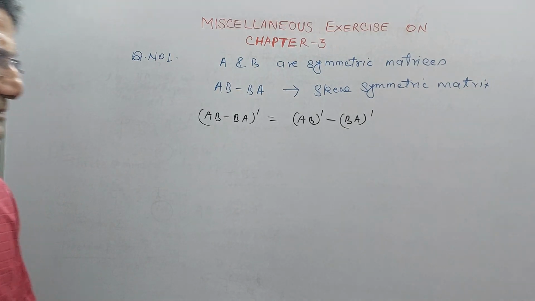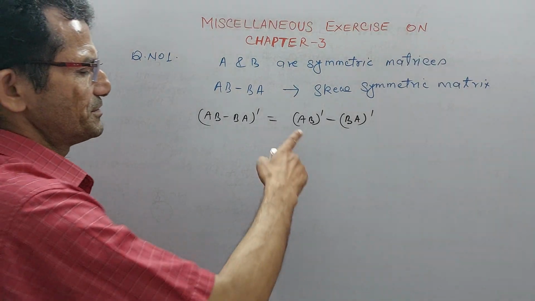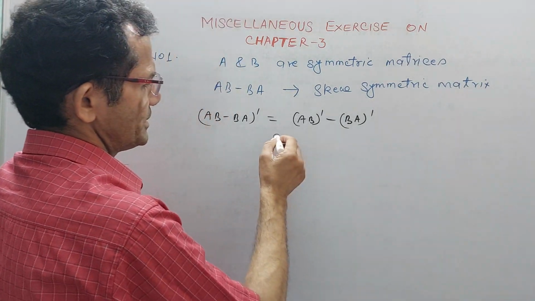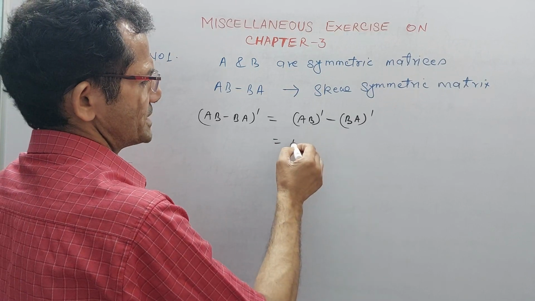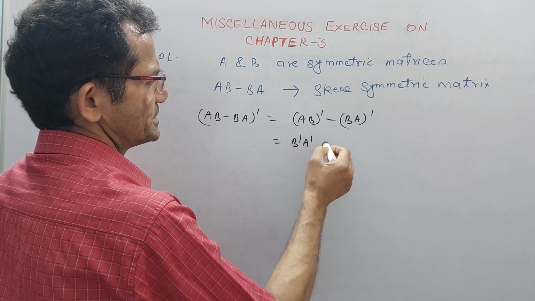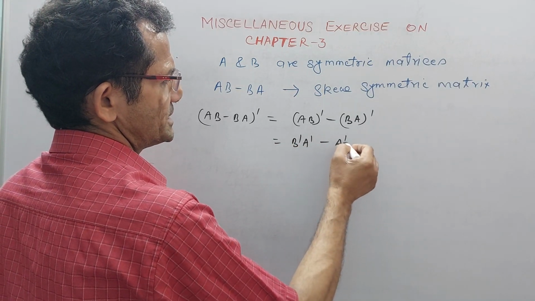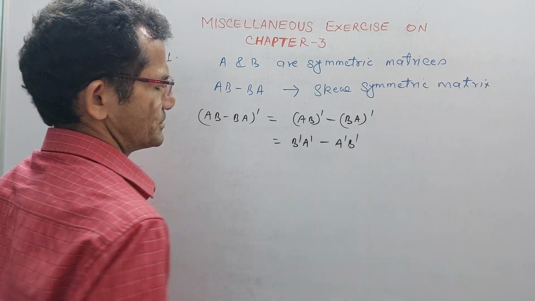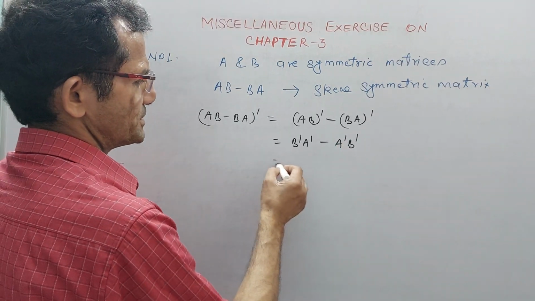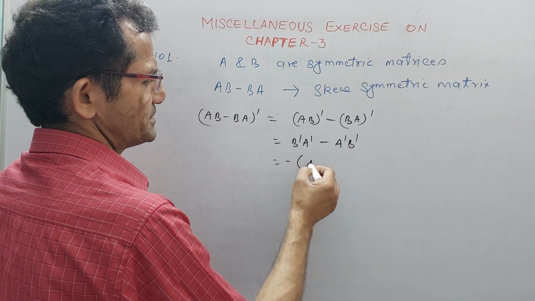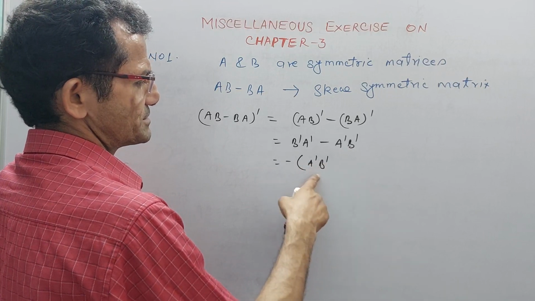Now applying the transpose of AB, we know that the order is interchanged: B transpose A transpose. If I take minus outside, this becomes B transpose A transpose minus A transpose B transpose.